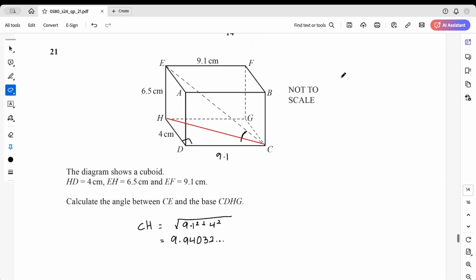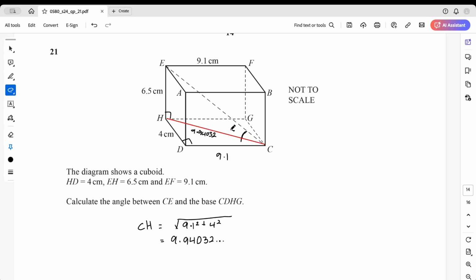Now that I have that, we also know that this is also a right angle. So I have this as approximately 9.94032, so I can find this angle.